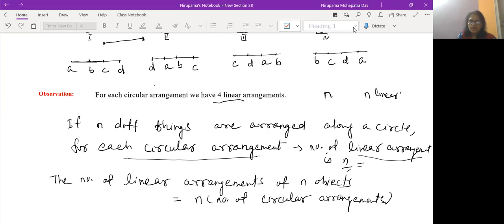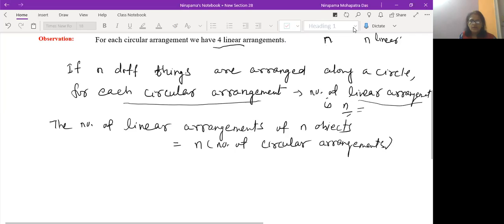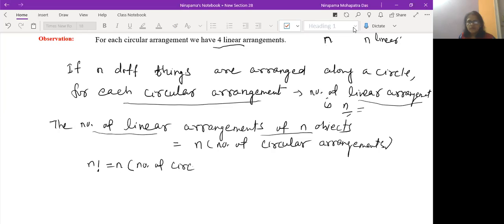But whenever we take n objects and we arrange them in a line, number of linear arrangements of n objects taken all at a time, that is factorial n, that is equal to n into number of circular arrangements.